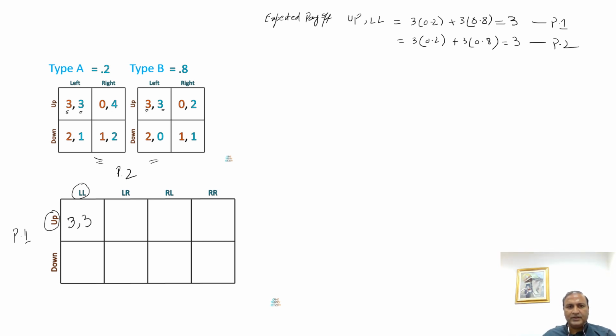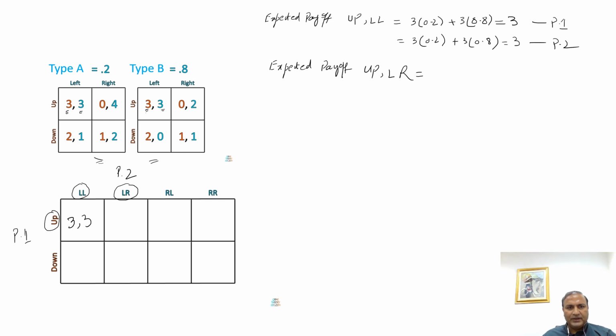Okay, so now we can substitute these 3 here. I hope it is clear. And then we can find the numbers for LR. So again, we are calculating expected payoff for up and LR. So what do we have to do for player number 1?